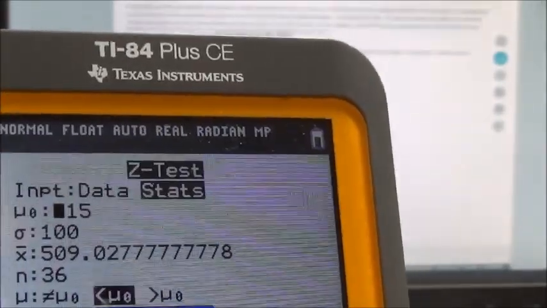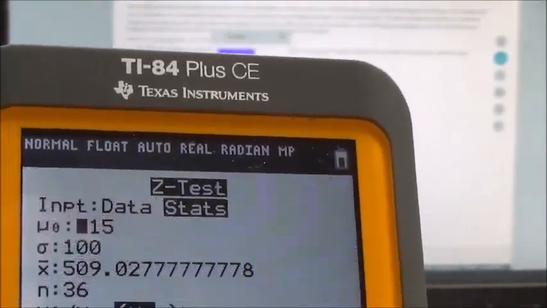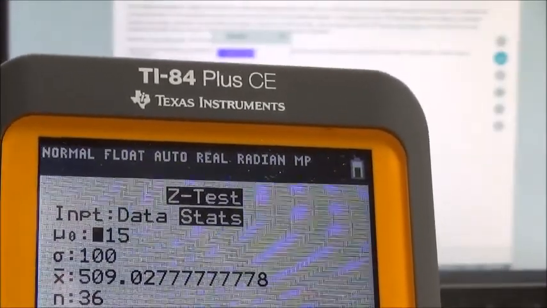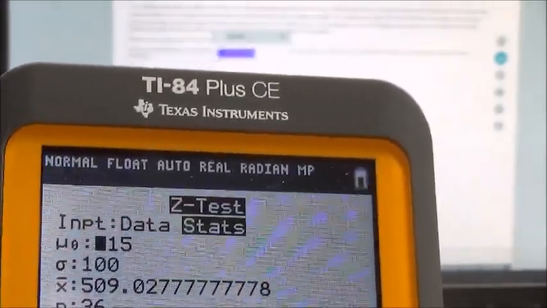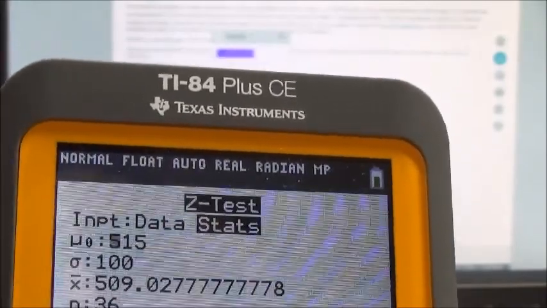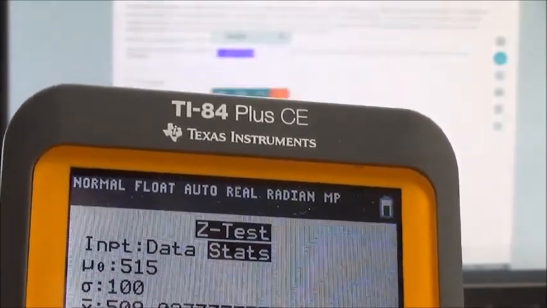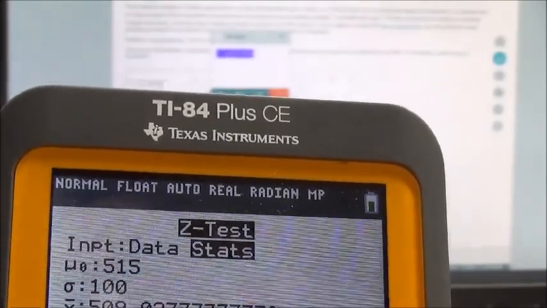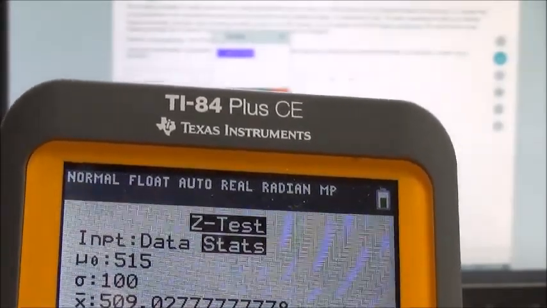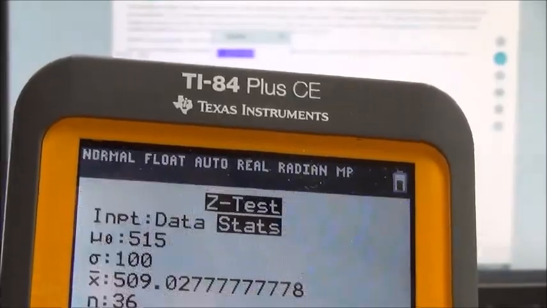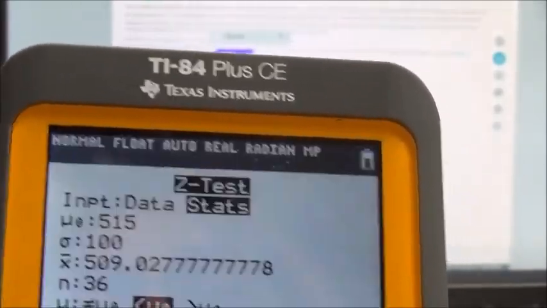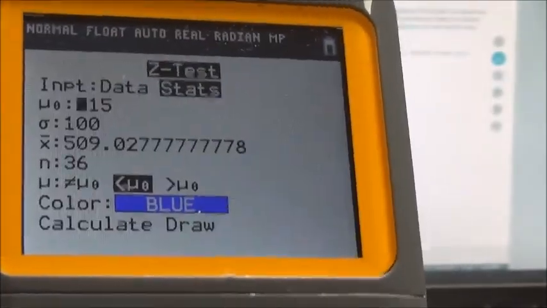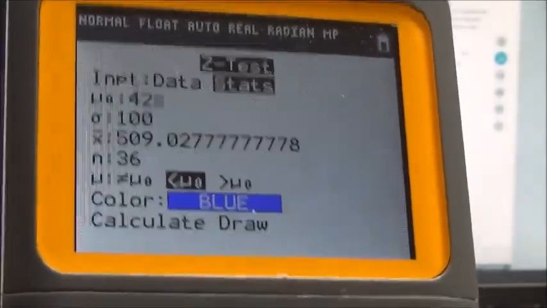So at a 5% significance level with a given average mean of 42,000, test the claim that the mean is greater than 42,000. Given that our population standard deviation is 5,230, our sample mean is 43,260, and n was the number of people we sampled. So my mean on my claim is 42,000, so I'm going to put in 42,000.